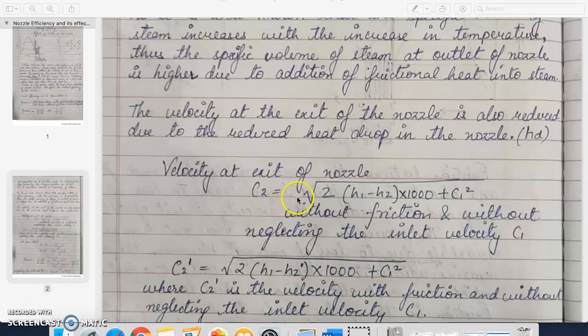So it is C2 equal to under root of 2 into H1 minus H2 into 1000 for the conversion of kilojoules into joules plus C1 square. When we are taking C1, that is the inlet velocity to the nozzle, we are considering this, and if we do not consider it, the formula will not have this and the rest will remain the same.